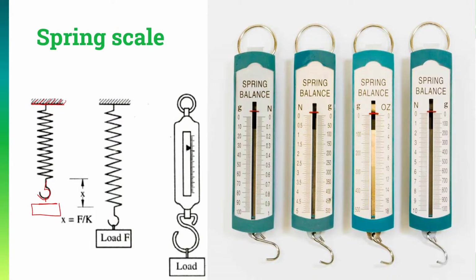Some deflection or expansion will happen. Now if I measure this expansion from this point, whenever I apply the load, it moves over here. This expansion is indicated as X.